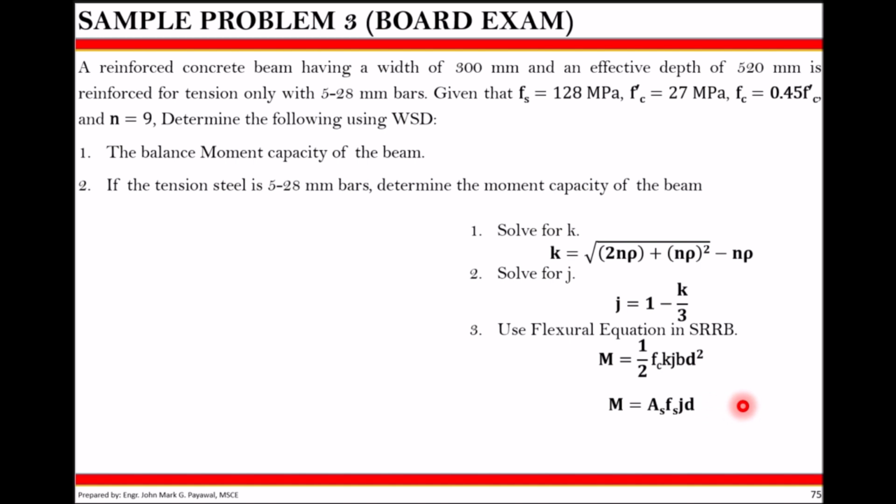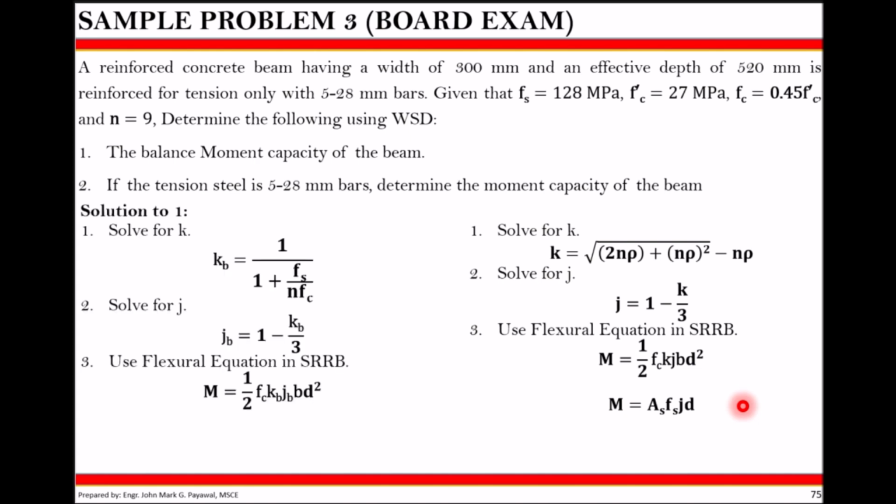However, because for number 1 we are specified to use balanced moment capacity, we compute for K balanced, given as 1 over 1 plus Fs over n Fc. J balanced would be produced from your K balanced, and then we use the equation under compression equal to 1/2 Fc kb jb b d squared.